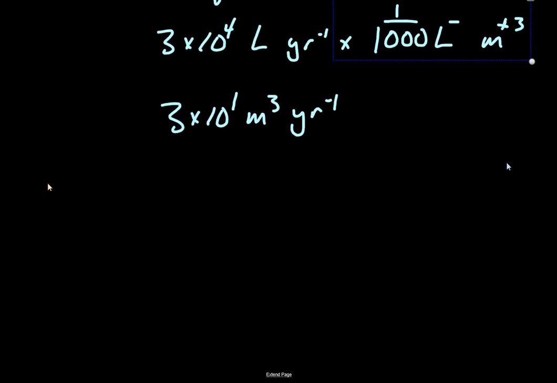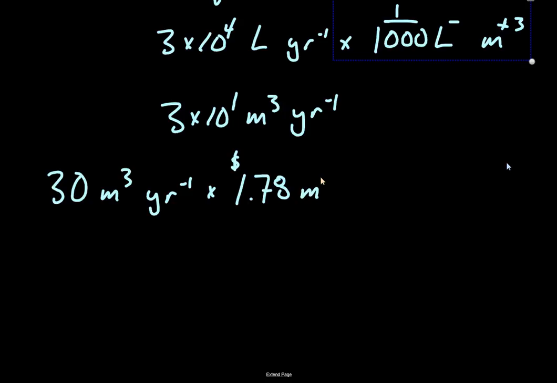We're almost there. Okay, so 3 or 30 if you want, meters cubed every year times $1.78 per cubic meter. It's going to cost you about 53 bucks. 53 units are dollars. These are gone per year.